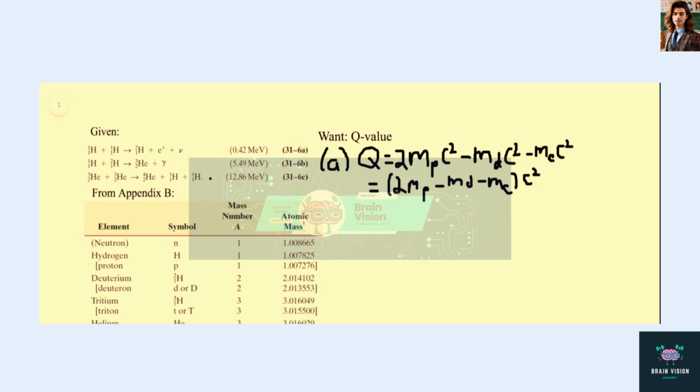So I will convert to text for readability. And we want to be careful here because the text of the textbook tells us that we're dealing with nuclei here. So we don't want to take the H quantity because that includes an electron. So here we really want the mass of the proton.